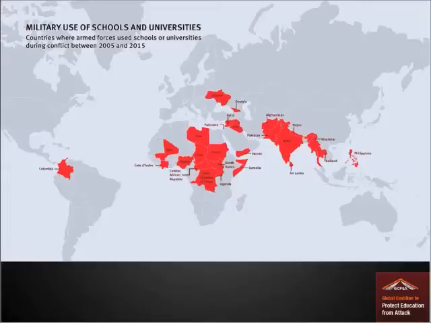Some research that we did found that military use was occurring both by armed forces, so state armed forces, as well as non-state armed groups in 26 countries around the world where conflicts were taking place between 2005 and 2015. And this was actually the majority of countries in which there were conflicts during the last decade.